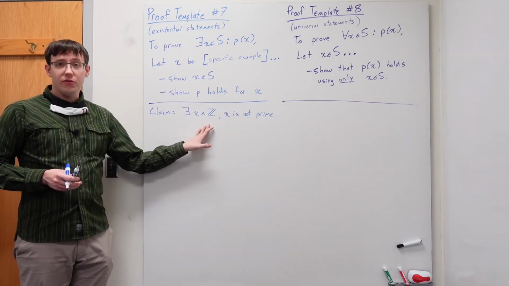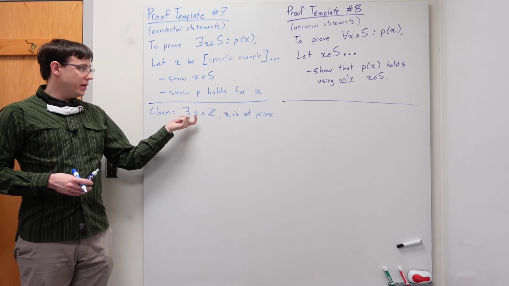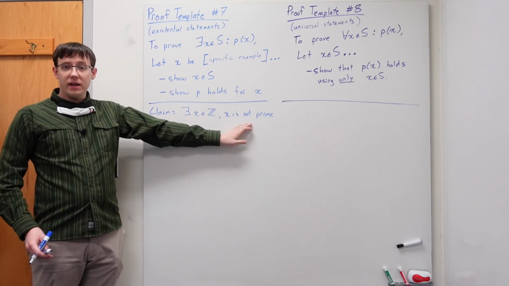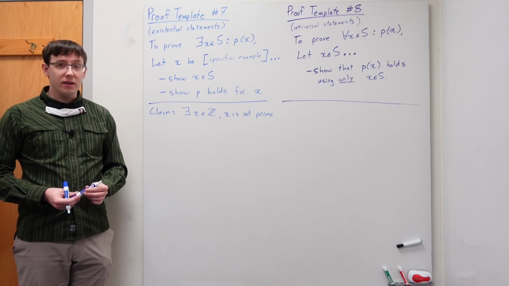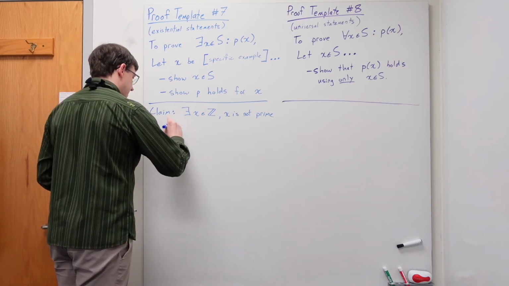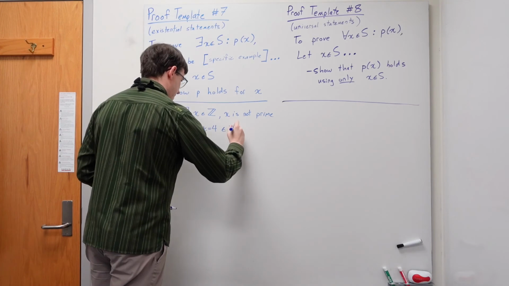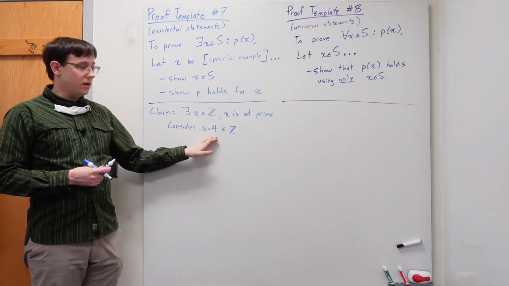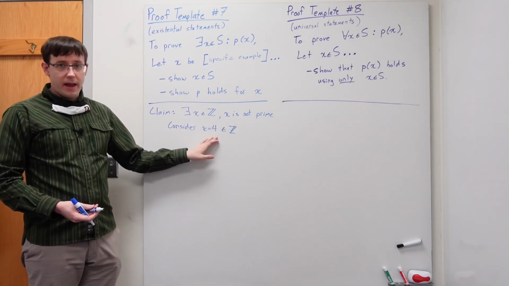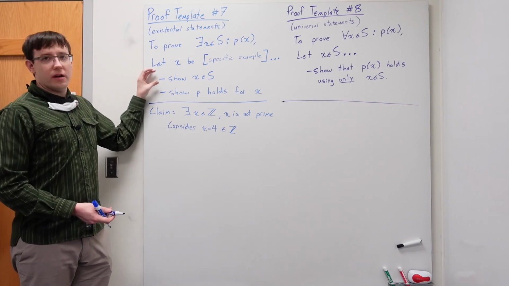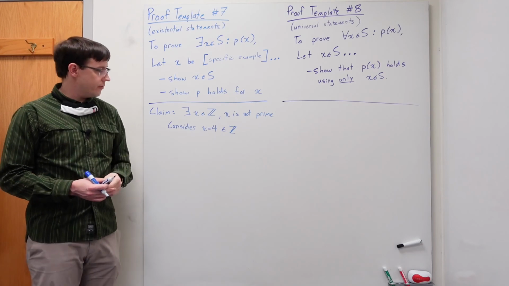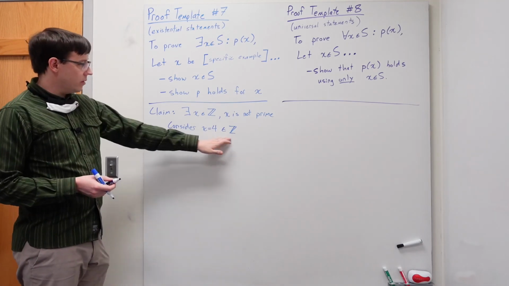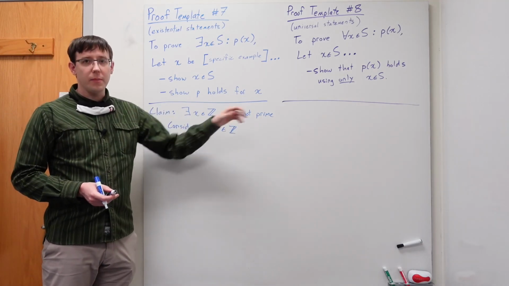One of our examples from earlier was the claim that there is some integer that is not prime, and we can prove this simply by giving an instance. We can give the example of x equals 4, and we can just state that 4 is an element of the integers. That doesn't require proof. And then we want to show that 4 is not prime.